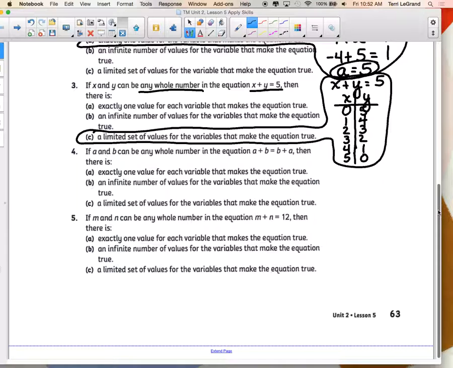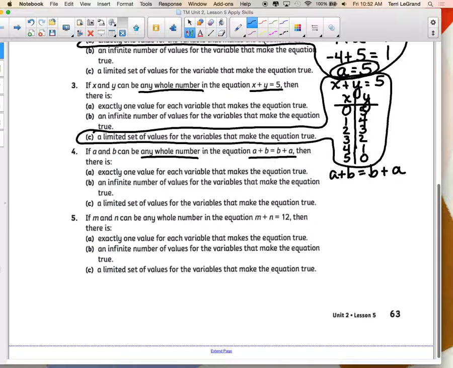Okay. Let's look at number 4. If A and B can be any whole number, in the equation A plus B equals B plus A. Well, you have to pick different numbers for A and B though, right?